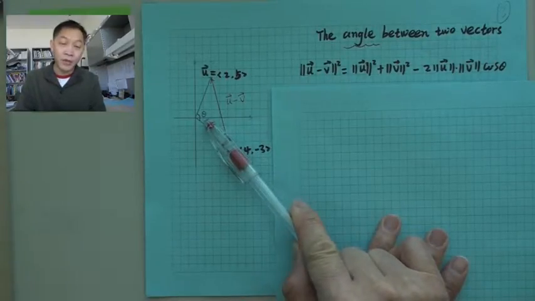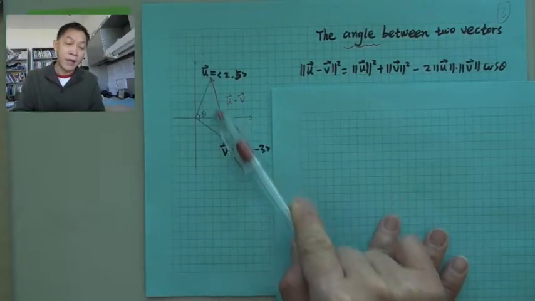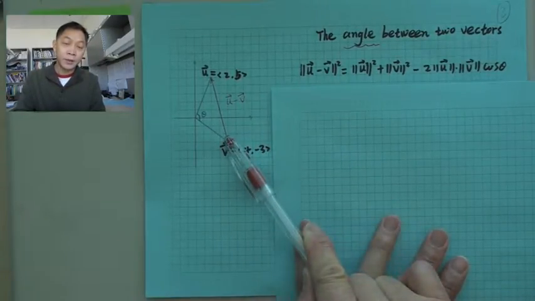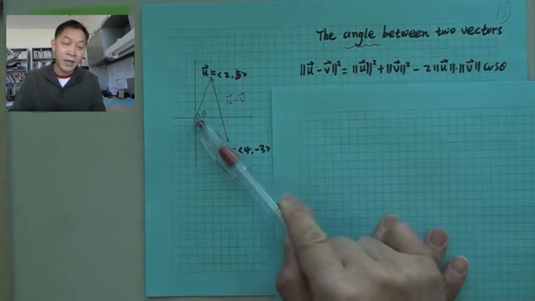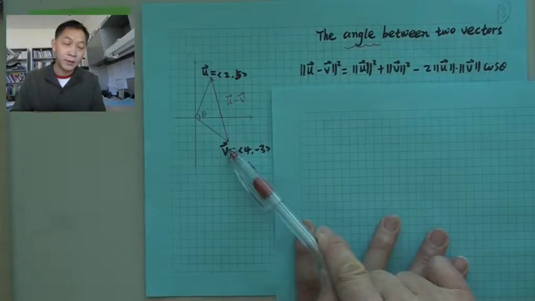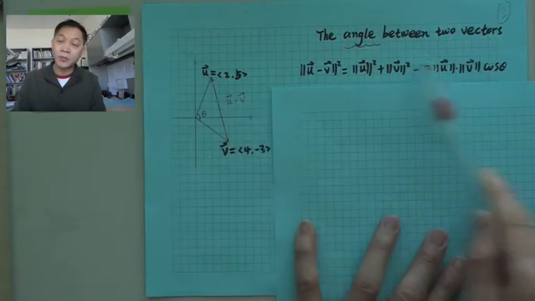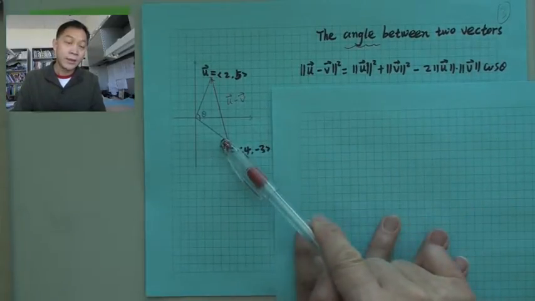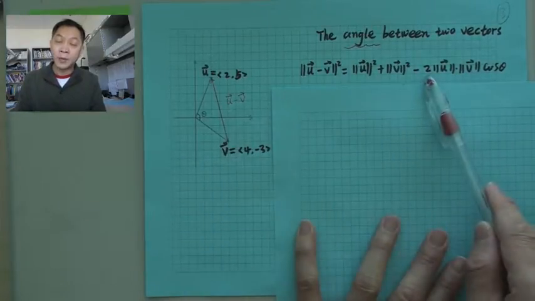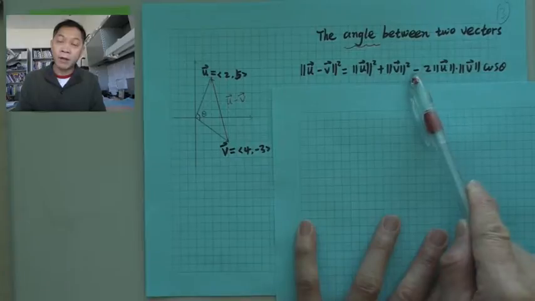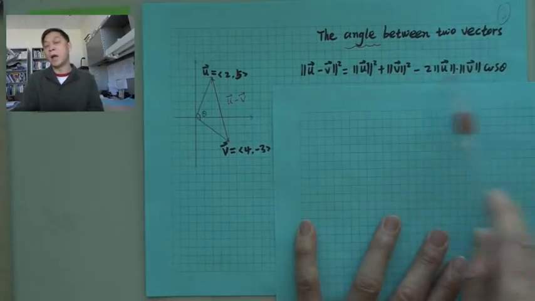So by the law of cosine, this side's length squared equals the length of u squared plus the length of v squared, minus 2 times the length of u times the length of v times cosine theta. That's the law of cosine.